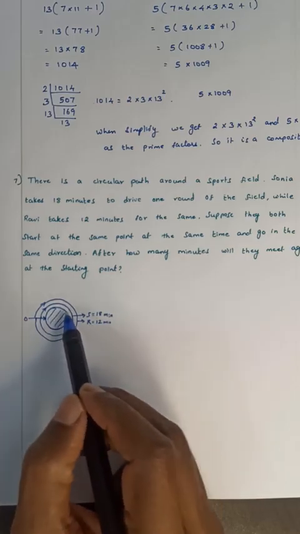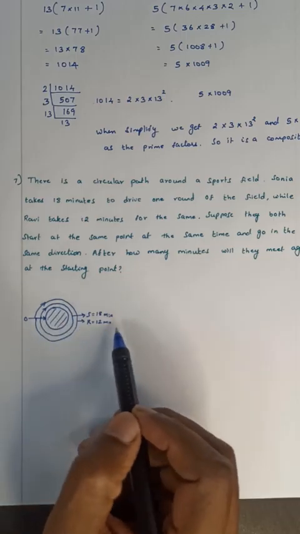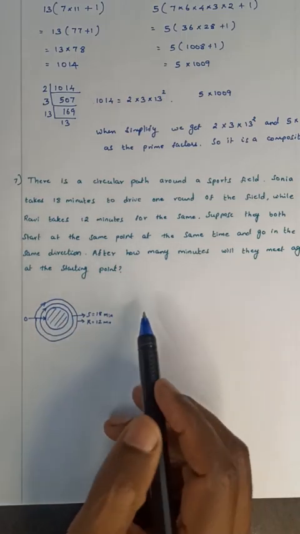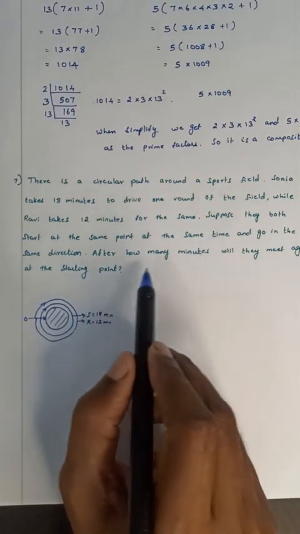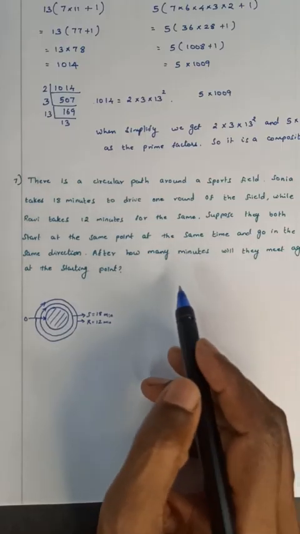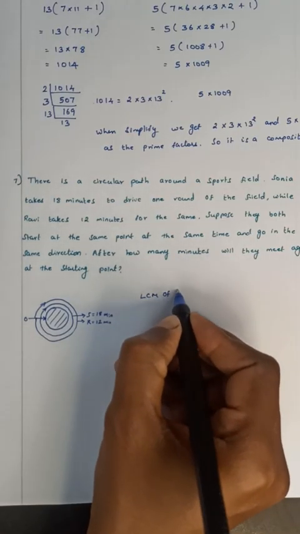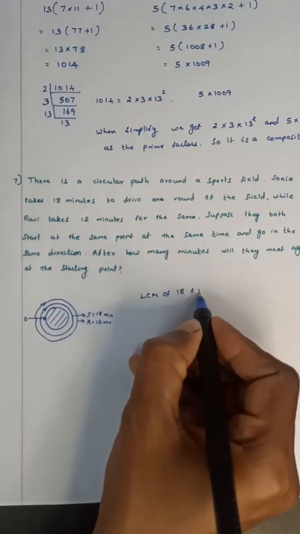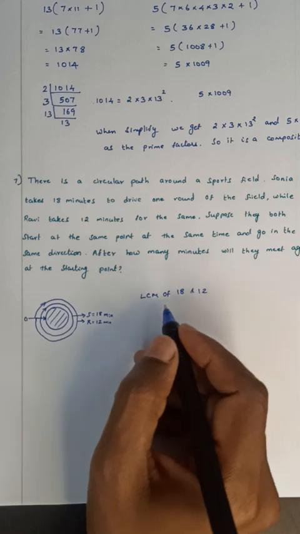Ravi takes 12 minutes for the first round and 24 minutes for the second round, like that it will go on. Now the question is, at the starting point after how many minutes they will meet again. In that case we have to find the LCM of 18 and 12, that is the common meeting time.